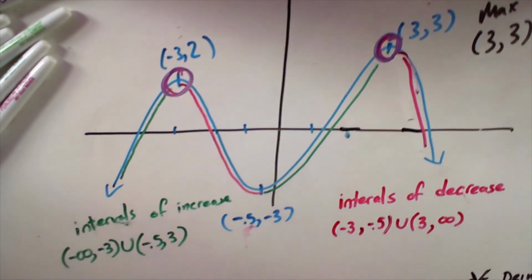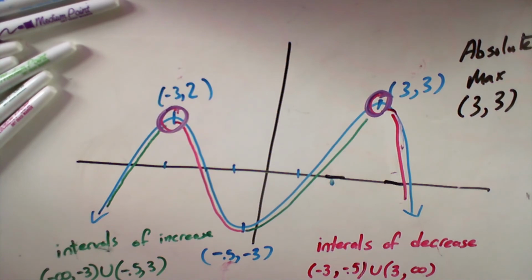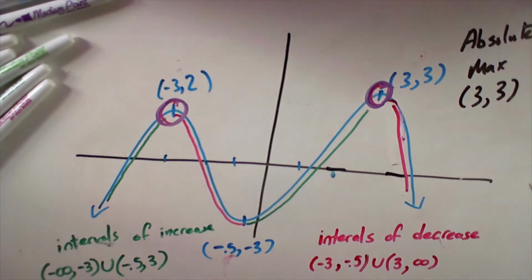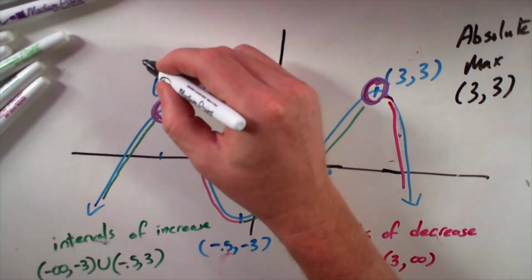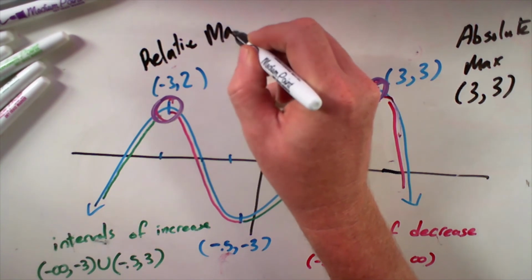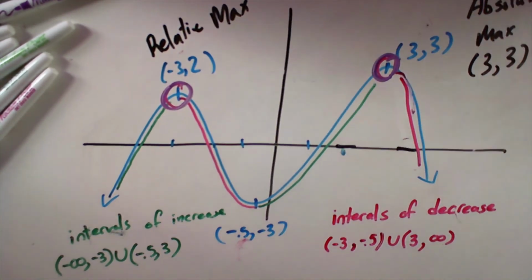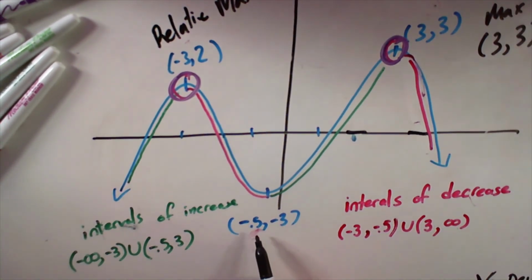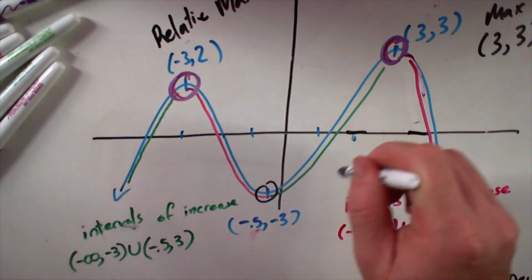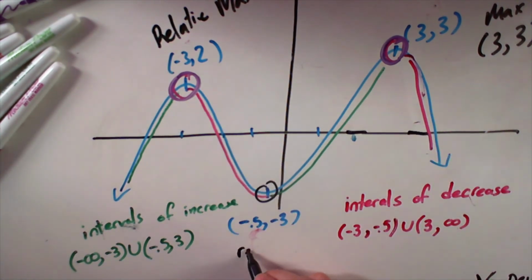That's the absolute maximum, so we're only going to label that once. Over here, since this was a potential for the absolute maximum, this is a peak, we now know that this is a relative maximum. And down here at this negative 0.5, negative 3 point, even though there's no absolute minimum, because it is at the bottom of a valley, this is a relative minimum.